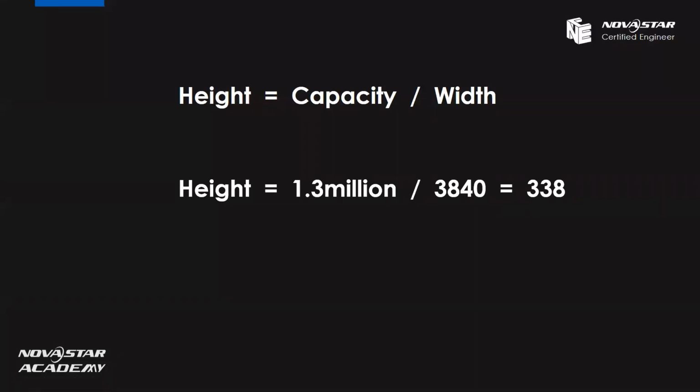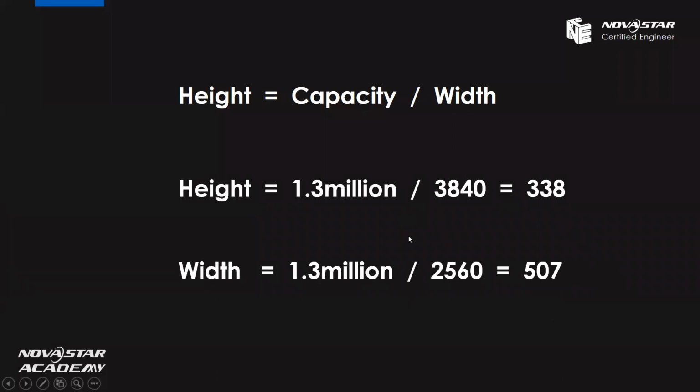And another example, if we also use one M-Control 300, and this time the max height is 2560. So what about the width? Okay, we can also use this formula.